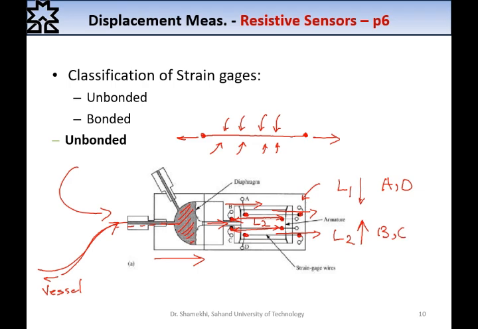Now we have 4 strain gauges with various behavior for a direction of the pressure. If the direction of the pressure is vice versa, the length of L1 will be increased and the length of L2 will be decreased.